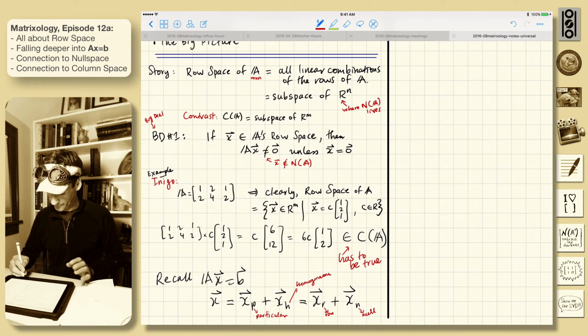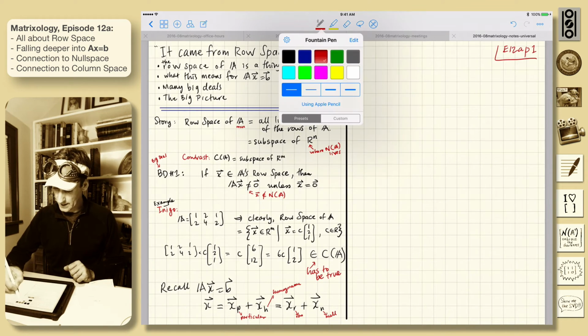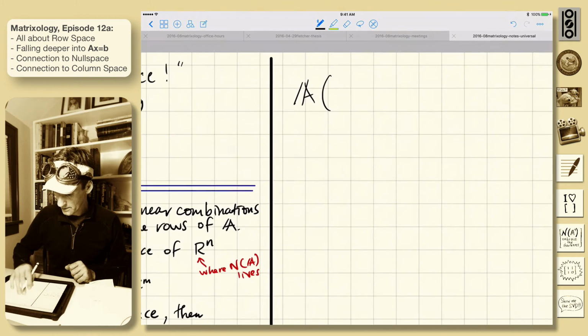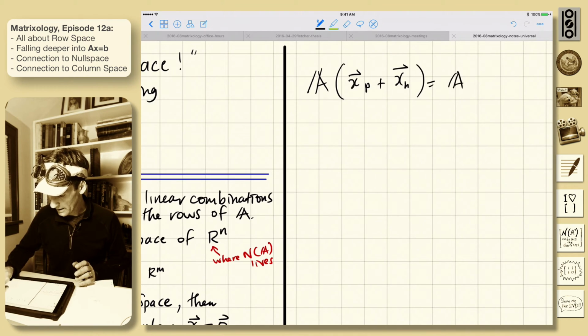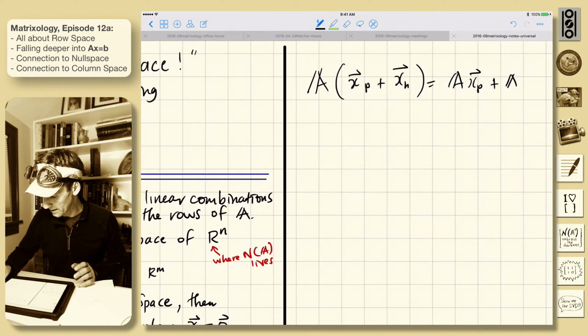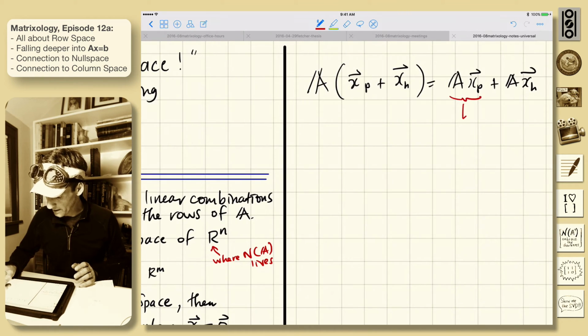Okay, so the idea is this then: our problem A times X, let's call it X particular for a second, plus X homogeneous, equals A times XP, which is the part that's equal to B, plus A times XH, which is 0.